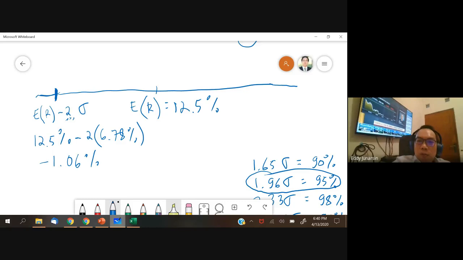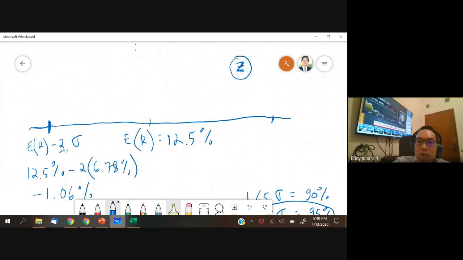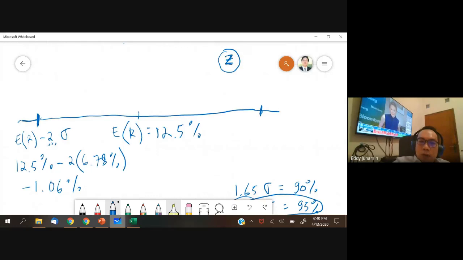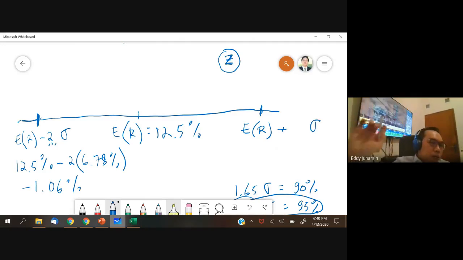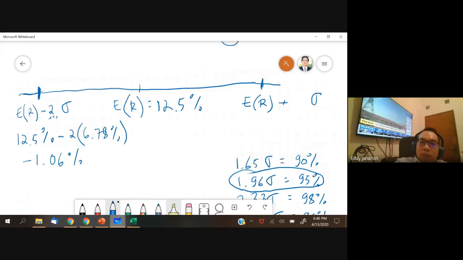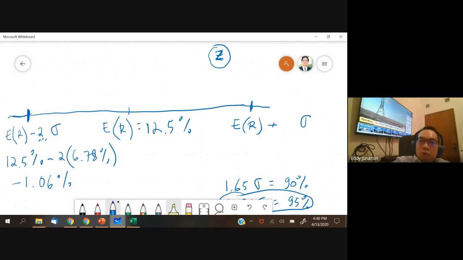Okay, so what about the right swing? See now the same analogy, a congruent situation, but to the right. So this should be expected return plus sigma, right? Sigma is our risk or standard deviation. And again, because we have chosen the 95% confidence interval, this is supposed to be 1.96, but I will write 2 to make it easier to calculate.